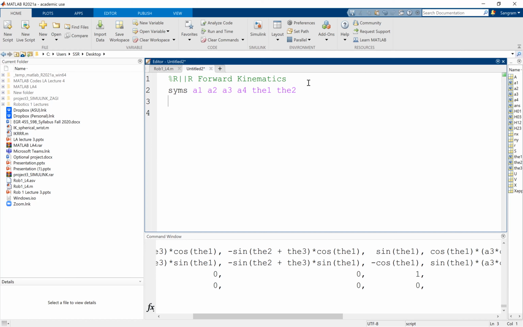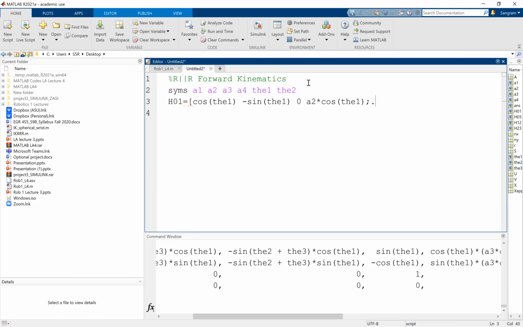Then I need to define the first homogeneous transformation matrix. Unfortunately, MATLAB will not allow you a variable naming 0h1. So I'm going to write h01. This is going to be my first homogeneous transformation matrix. This is going to be cosine theta 1, minus sine theta 1, then 0, and then A2 multiplied by cosine theta 1.